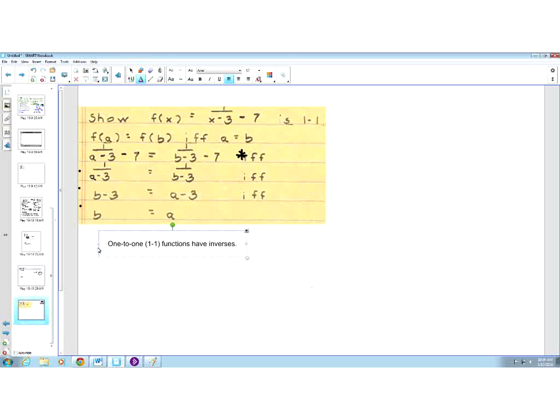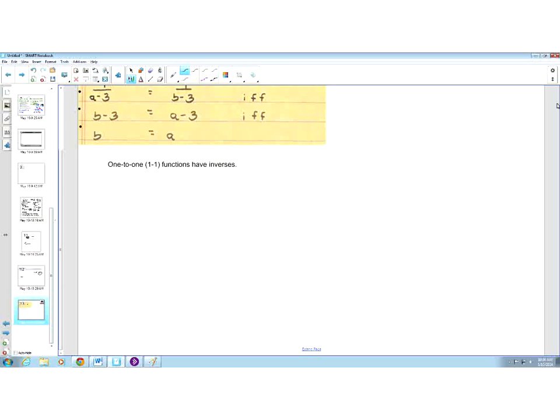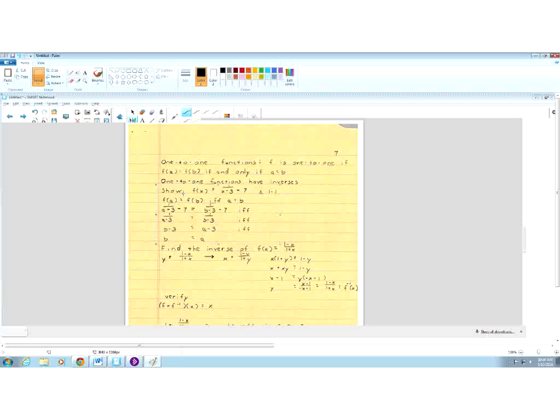So, for instance, let me give you an example. Let's see how to find the inverse of a function. Let me give you a rule here, and then I'll follow it up with an example.